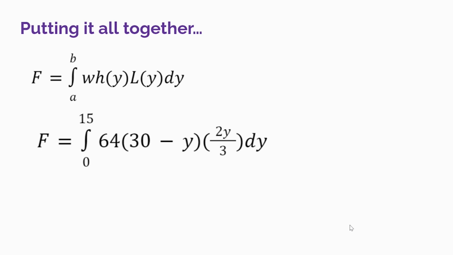And now plugging this into our calculator, we get that the force of the triangular window is 96,000 pounds, which is pretty big. So the window, again, has to be really strong if it wants to survive all that water pressure and not break.